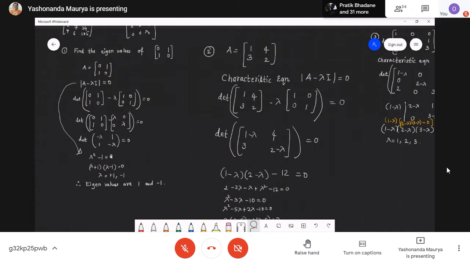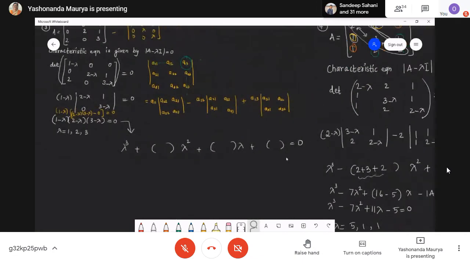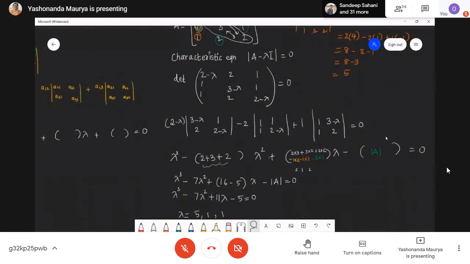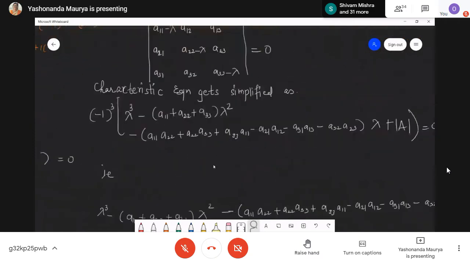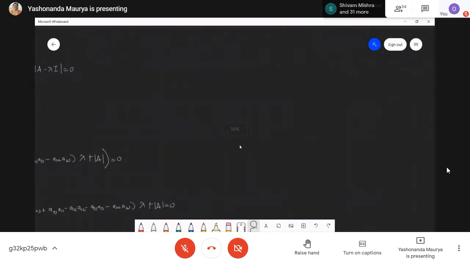That is the other name for eigenvalue. Sometimes they will say find the eigenvalues and eigenvectors, and sometimes they may say characteristic values and characteristic vectors.